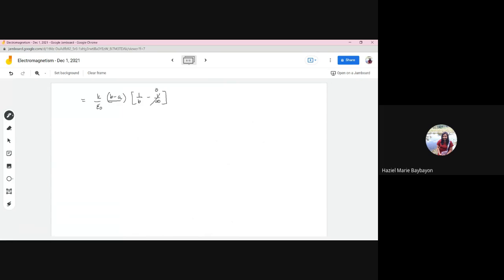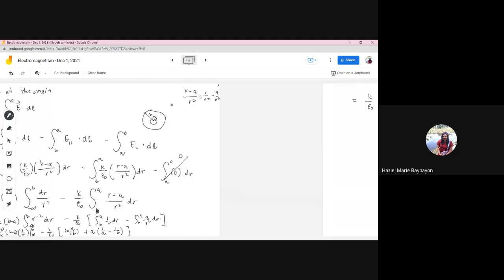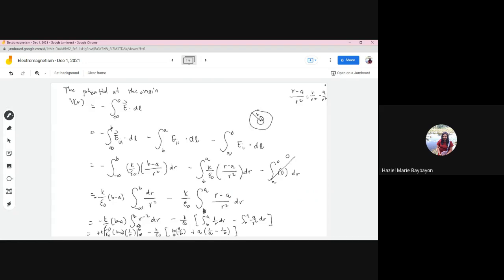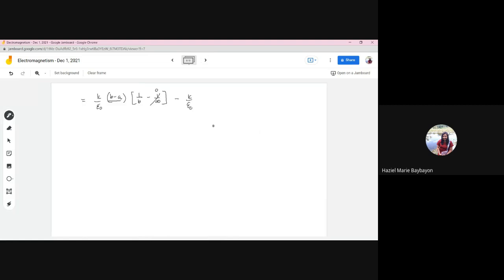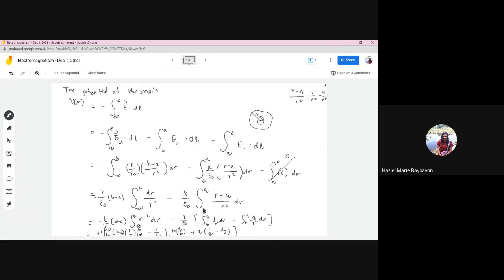So, this is 0, minus k over epsilon naught, and then we have here ln a over b. Then this one is positive 1.